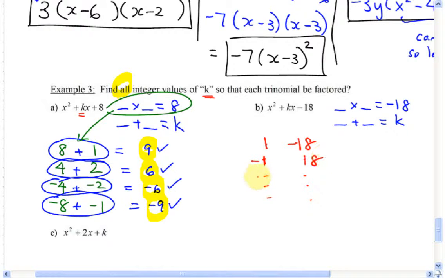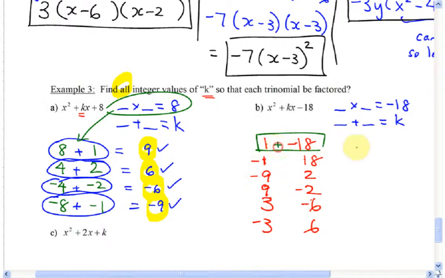I heard negative 9 and what else? Negative 9 and negative 9? Oh, negative 9 and what? 2. Or 9 and negative 2. Good. Anything else? 3 and negative 6 or negative 3 and positive 6. Awesome.